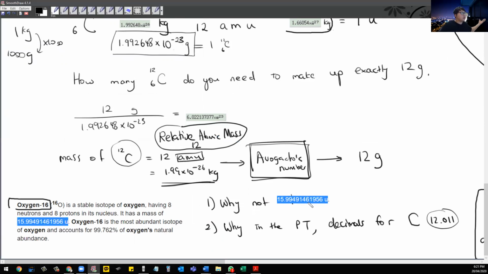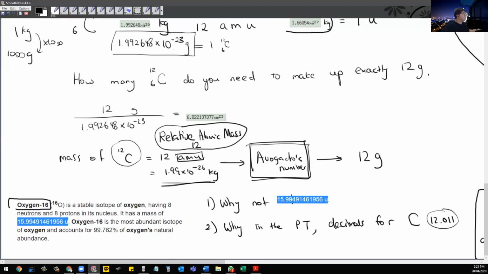Because more mass is lost, it'll weigh less than what it's supposed to. That's why when you measure the mass, it's not quite 16, it's a little bit less than 16.